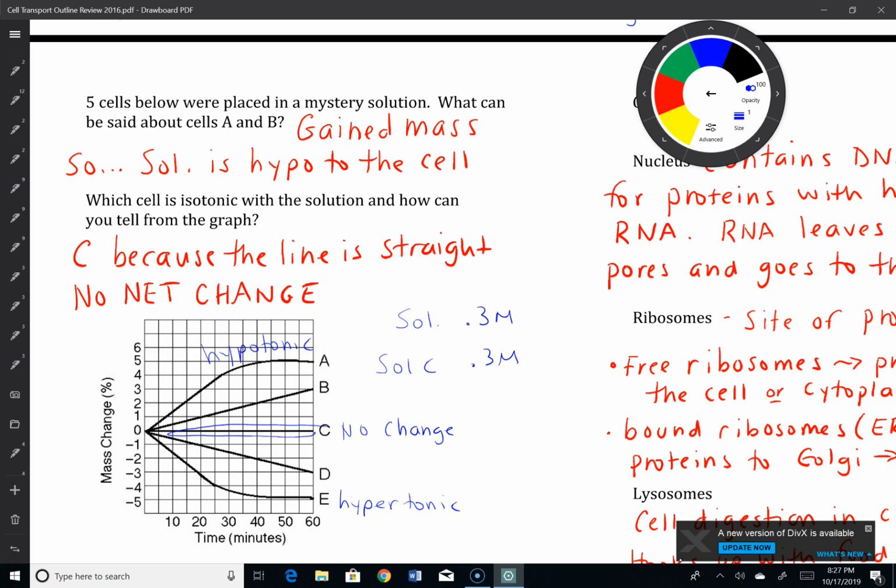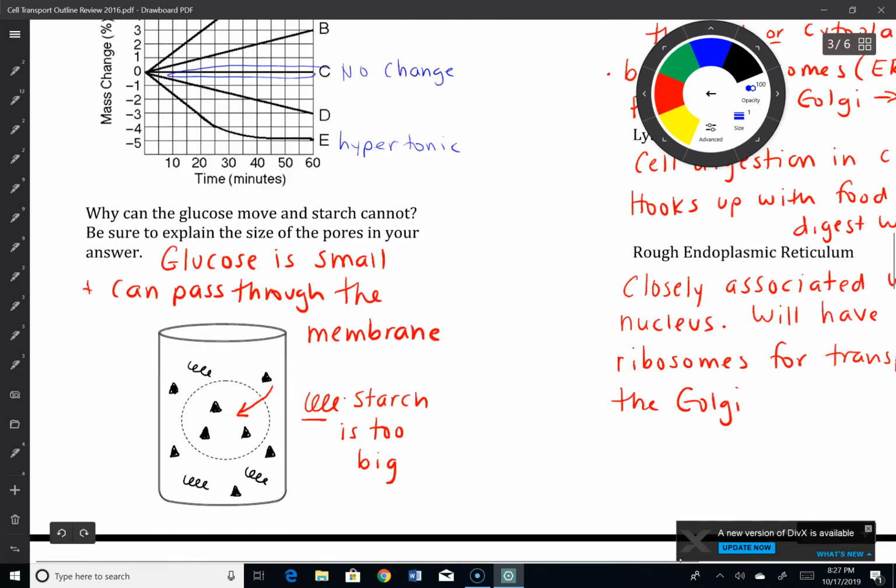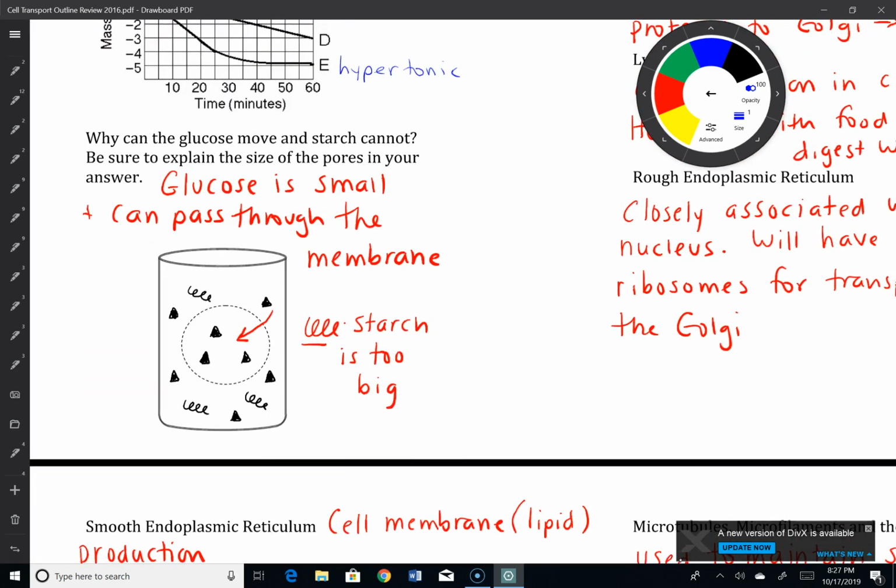A good example of that also is this picture down below. In the event that I put, like you did in living environment, some starch and some glucose into a beaker, into a solution. This squiggly thing, that's the starch right there. And the glucose is the little black triangles.